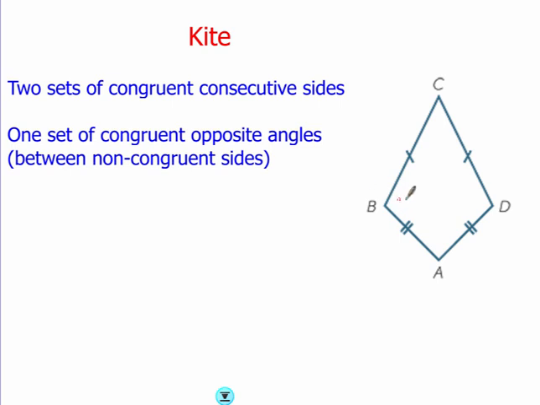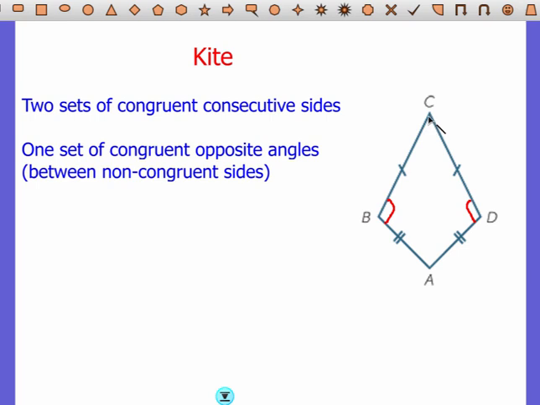Okay? Another thing that's true about them is that they have 1 set of congruent opposite angles, meaning the angle at B is congruent to the angle at D. All right? Because it's always going to be the angles between our non-congruent sides that are going to be congruent to each other.